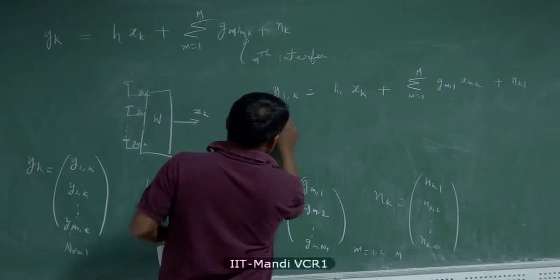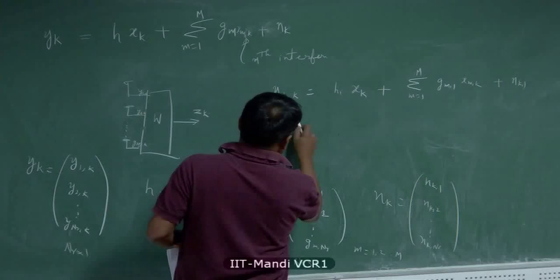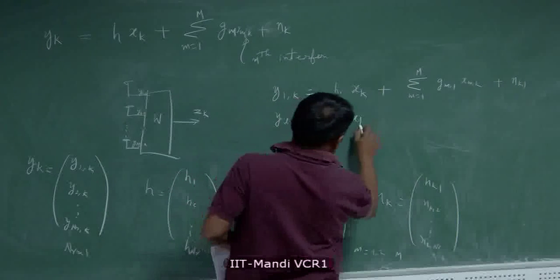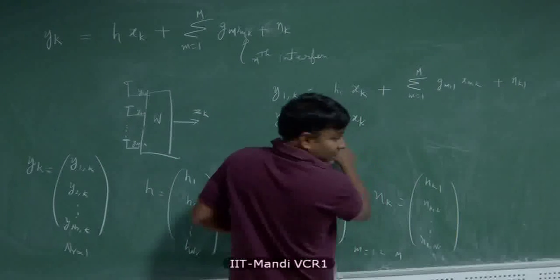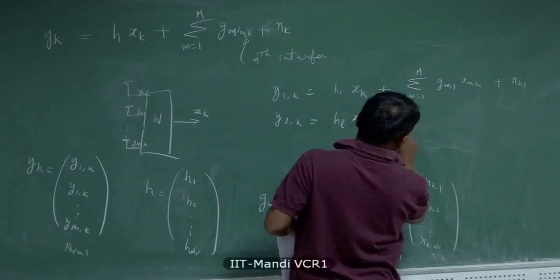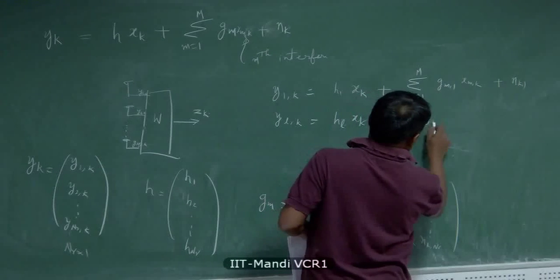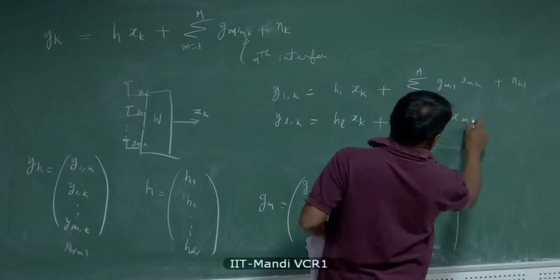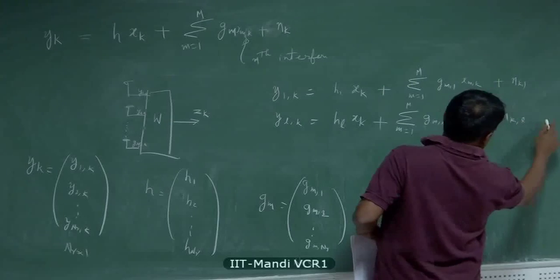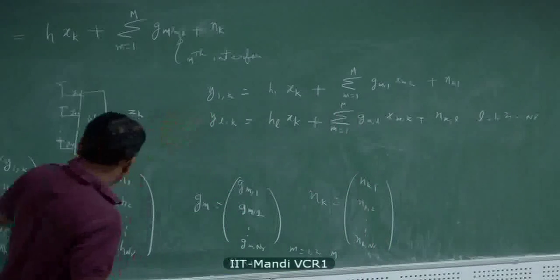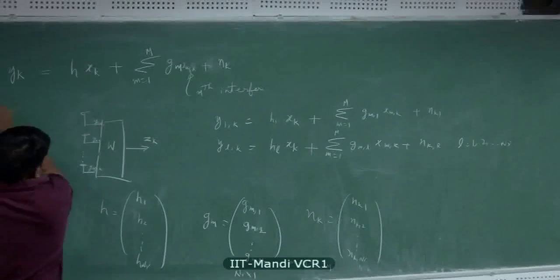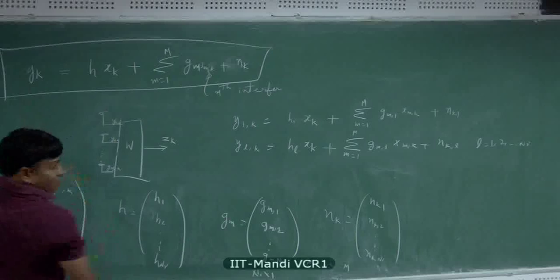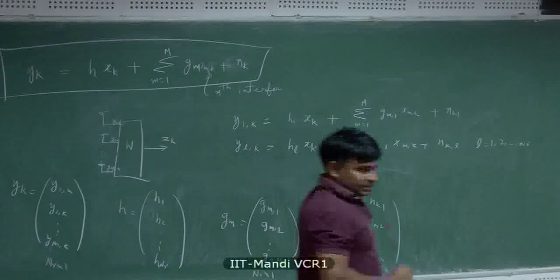And if I generalize this for the Lth receive antenna, this will be HL, where L takes values from 1, 2 up to NR, and I take all these elements Y1K, Y2K, up to YNRK and write them in a very compact vector notation.